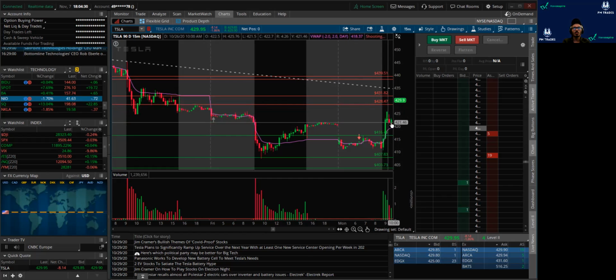So I basically wanted to add more at the VWAP pullback just to get more value out of my position, but this was a mistake. I should have waited till here, and that bias for a delivery expectation beat from Chinese sales numbers forced me to do this.